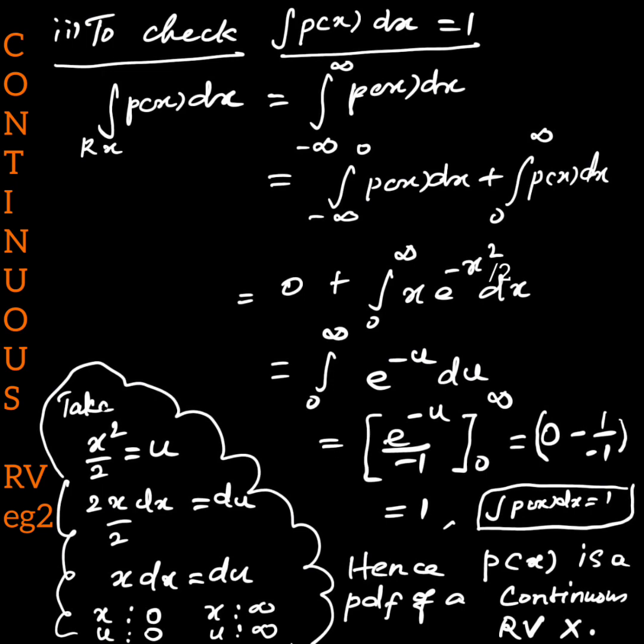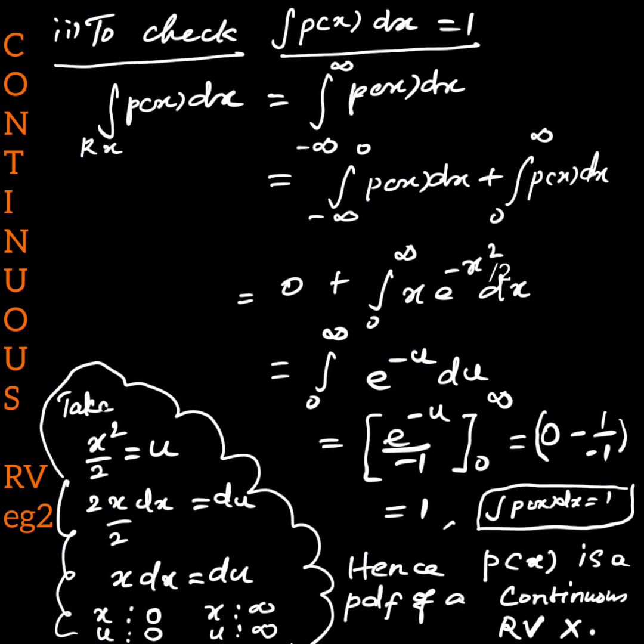2 dx. To integrate this, we should first introduce a substitution. In the e power, the term is x square by 2. Let us consider it as some variable u, and if we differentiate on both sides, we get 2x dx by 2 equal to du, and simplification will give x dx equal to du.